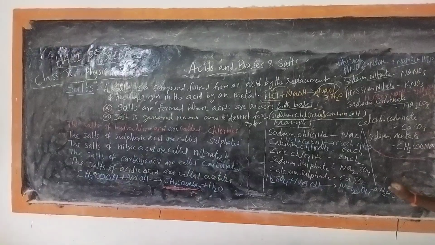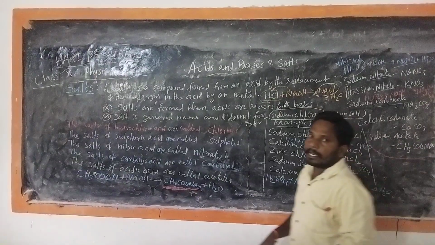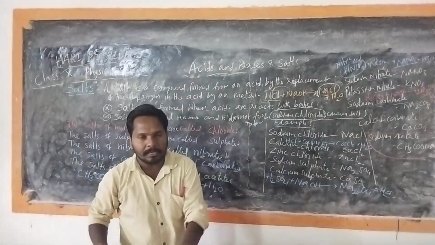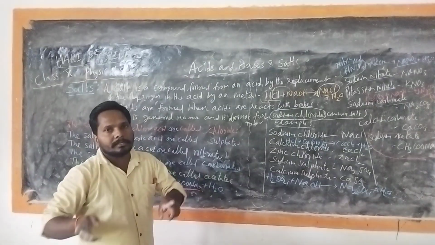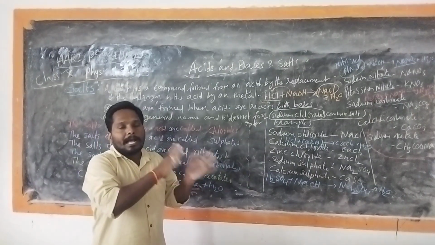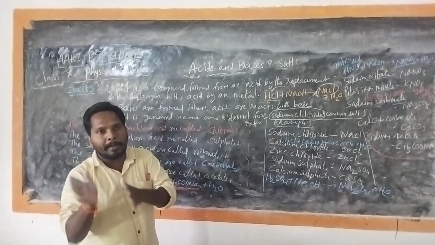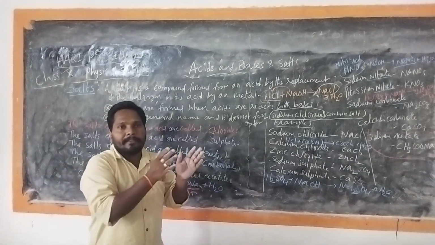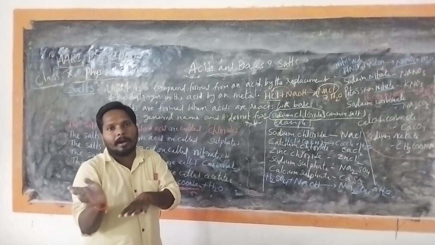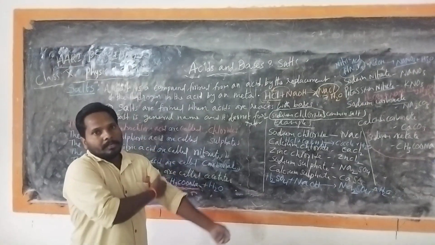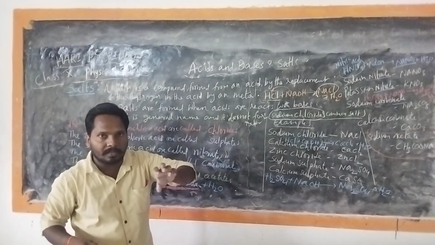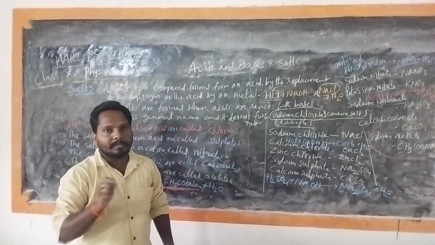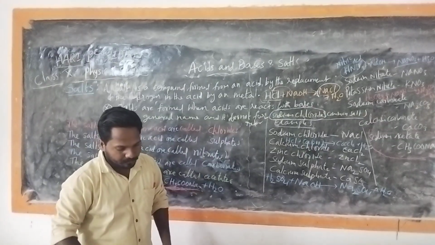In this way, a chemical salt consists of two parts: an acid part and a base part. The first part of the salt refers to the base, the second part refers to the acid. So this is one classification of salts.